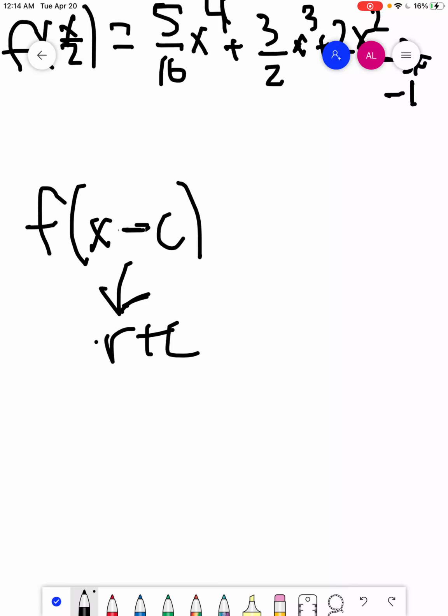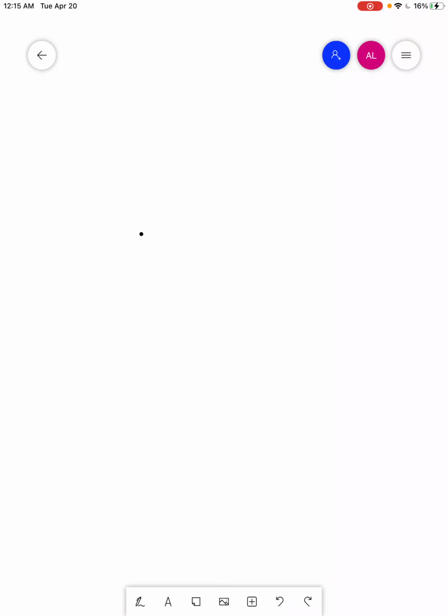The last thing I'm going to look at is the phenomenon of Newton sums.